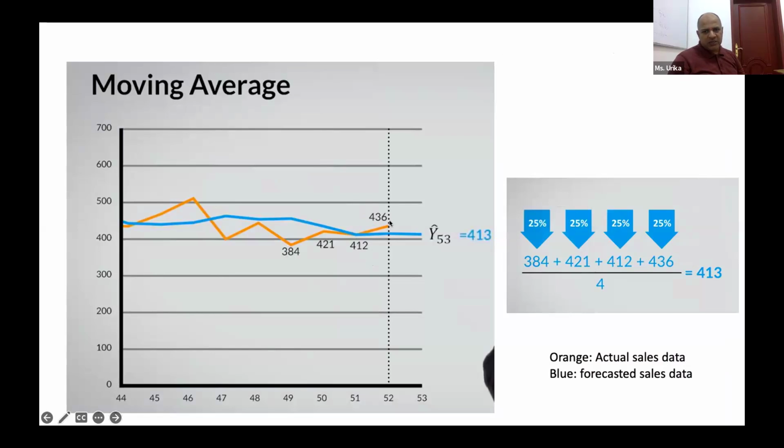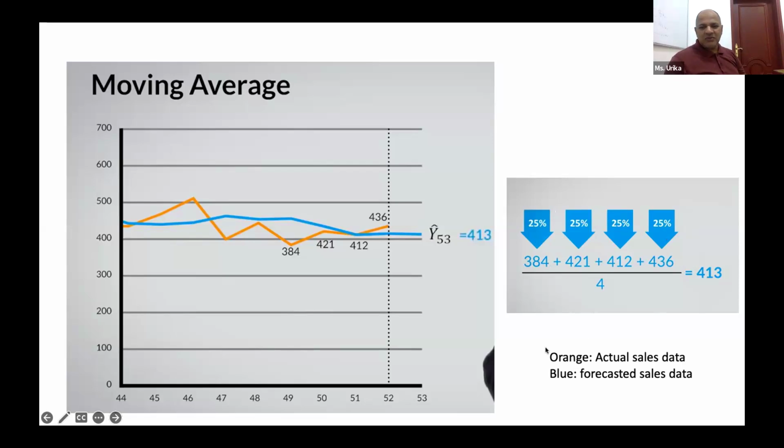You take this divided by 4. If you divide by 4, what is the weight you are giving? This is the moving average. Each occasion you are giving a weight of 25%. All are equally treated.